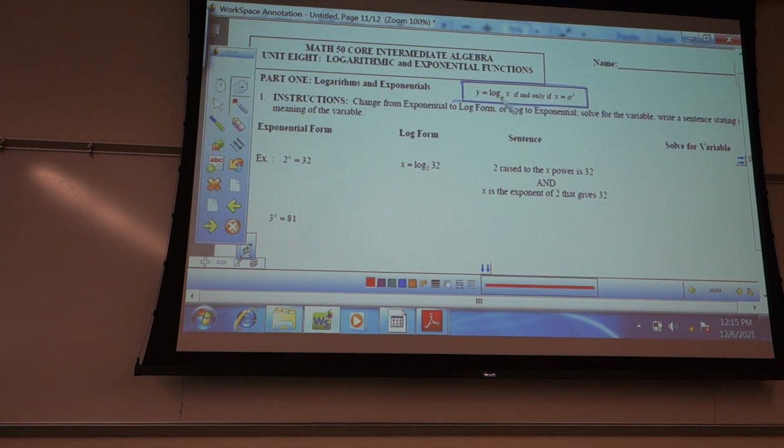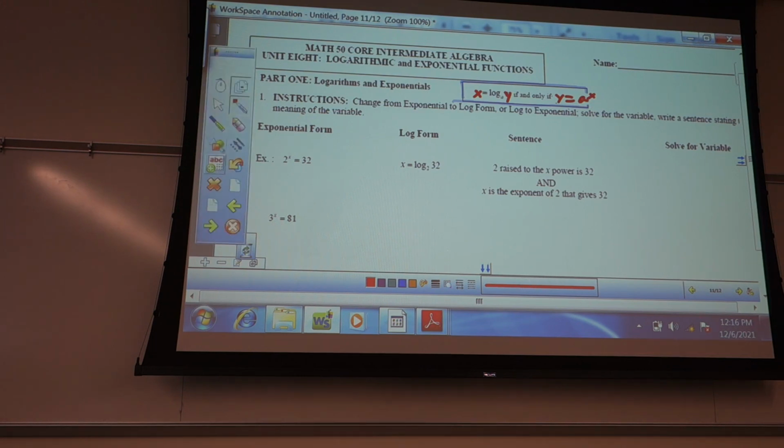Personally, I do x equals log a of y when y equals a to the x, because we're all familiar with thinking of y equals a to the x.